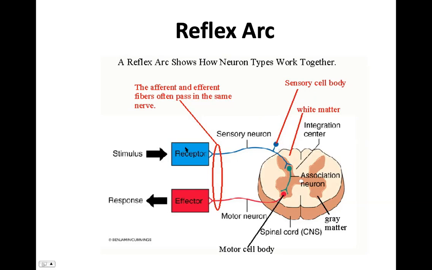So the reflex is receptor organ, sensory neuron, intersection here with an association neuron and an effector organ, and out. The reflex does not include the integration center. So the brain is not involved in a reflex.